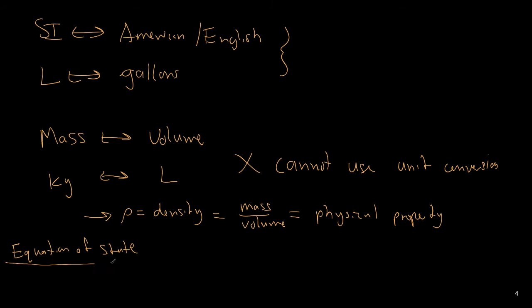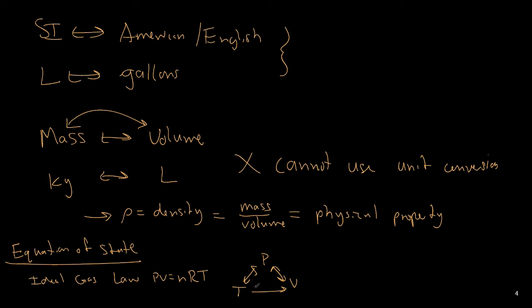One of the best known equations of state is the ideal gas law. Physical properties are very important in science and engineering because they allow us to transfer between different types of units. In this case, we have mass and volume. An equation of state relates pressure, volume, and temperature. We'll talk a lot more about equations of state later on.